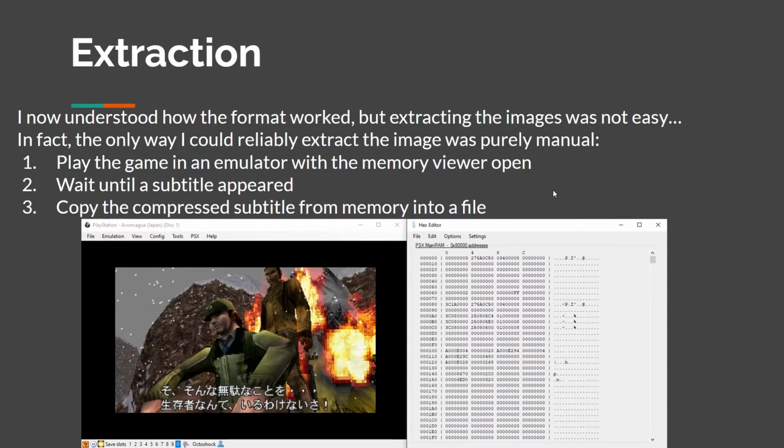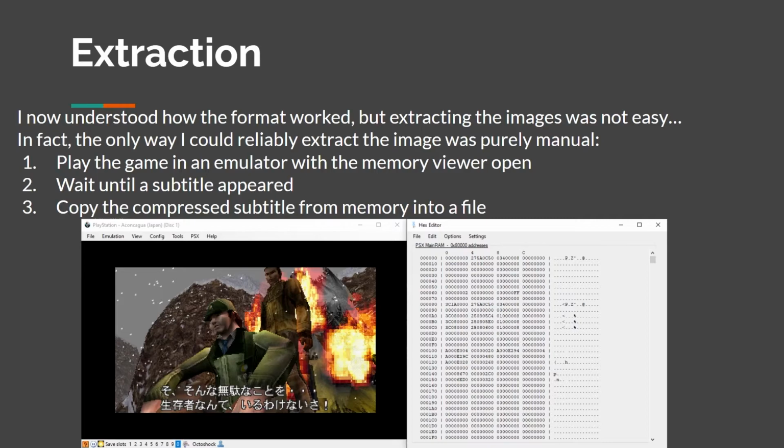So I understood how it worked, but how could I actually extract a format that's so strange? Remember, when I said that the locations of the fragments were arbitrary, that makes it very difficult to extract them correctly. Well, what the game was doing was assembling all the fragments itself at runtime.